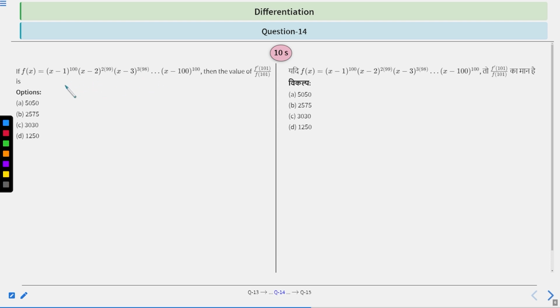Like this, you will get the required sequence. After that, you can take the log of that sequence and differentiate both sides to get the required value. You have 10 seconds to think about this question, and after 10 seconds, we will discuss the solution.